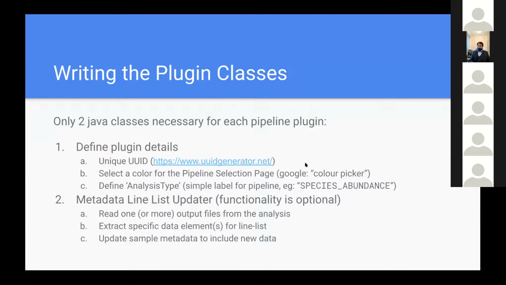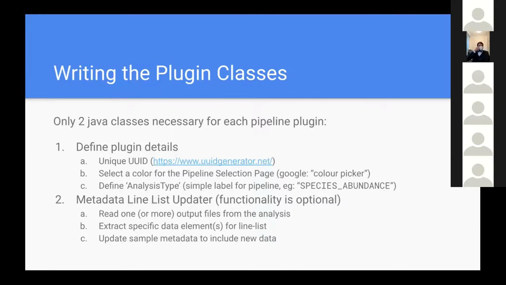The second component is a piece of code that defines how to load pieces of information from your analysis results into the metadata line list. That class has to exist, but that functionality is actually optional. So if you're not interested in that part, you can just drop a stub in there that exists but doesn't really do anything.